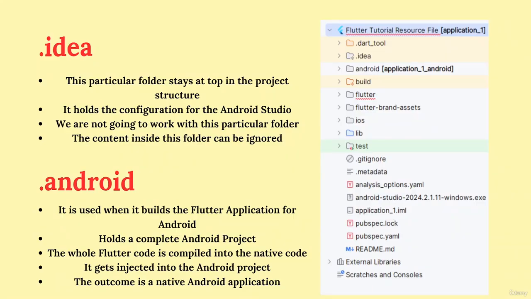The first folder we are going to talk about is the .idea folder, which is placed underneath the .dart_tool file. The first feature of this folder is that it stays at the top in the project structure.